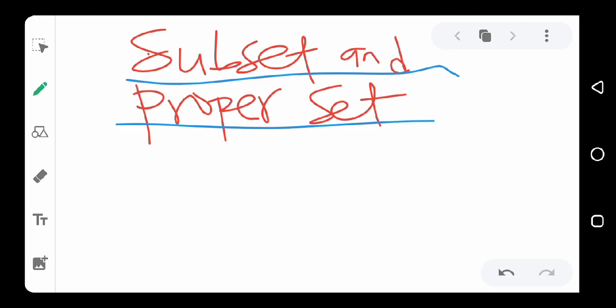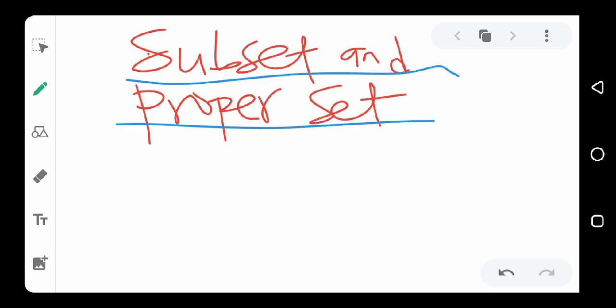So there's a relationship between superset, subset, proper set, and equal sets, and it should be well noted. In equal sets, the parent set and the child set are equal. In proper sets, the parent set or superset contains elements that are not in the subset.